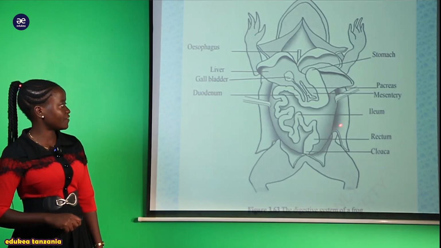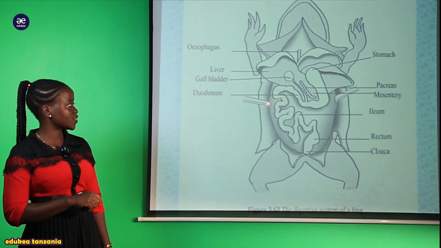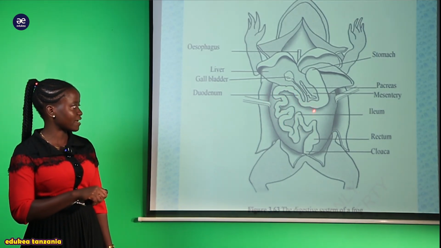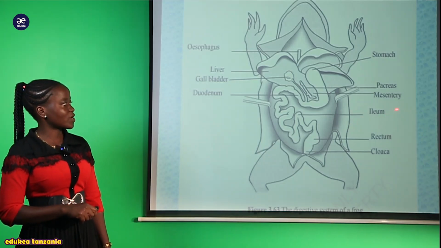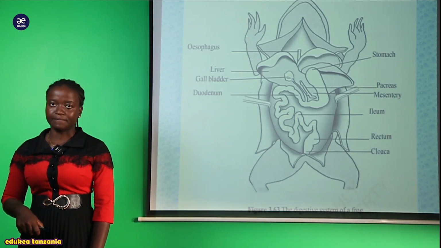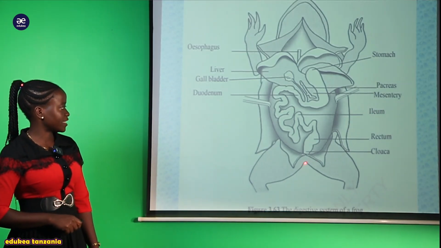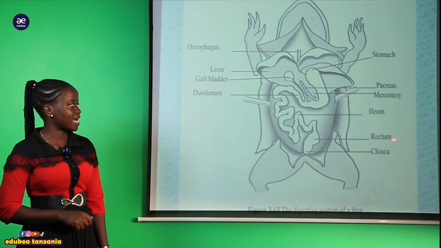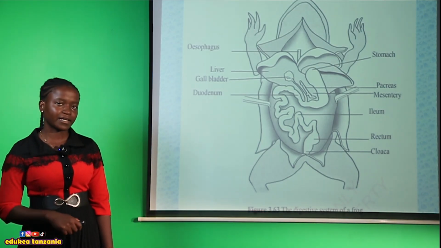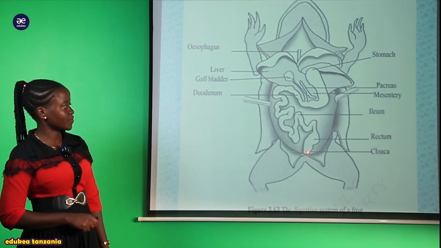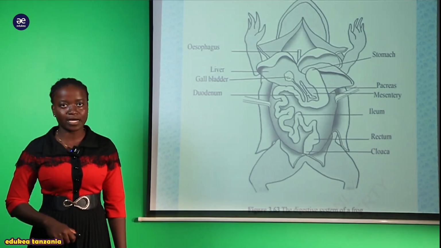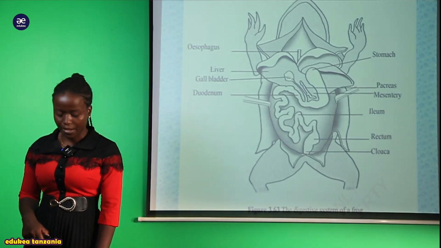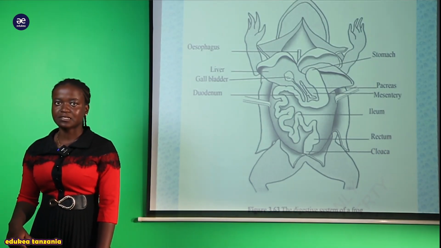And also we have another structure which is much folded. These are folded here. This one is called the ileum. And thereafter we have another structure which is the rectum. This one is the rectum. Thereafter, lastly, we have this structure ambayo inaitwa cloaca, which opens into the structure ambayo inaitwa the anus.